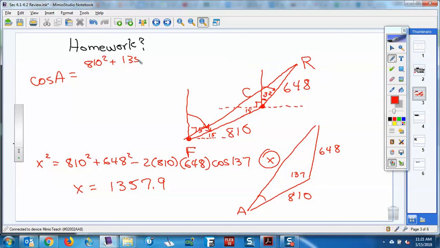I'm okay with that when you write it, but when you actually type it in, you should type in 1357.8 squared. You see what I mean? A lot of times when I write it down, I'll put dots, just to remind myself that there's more there.